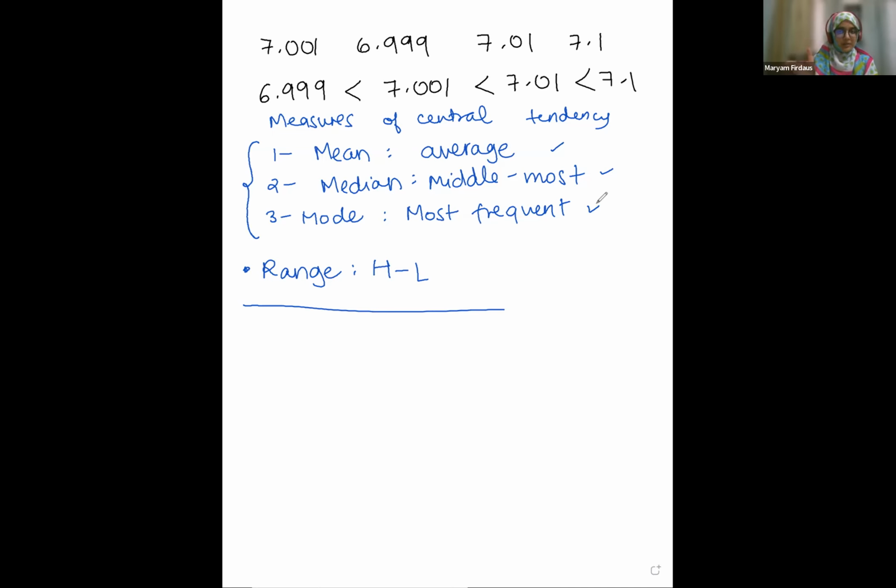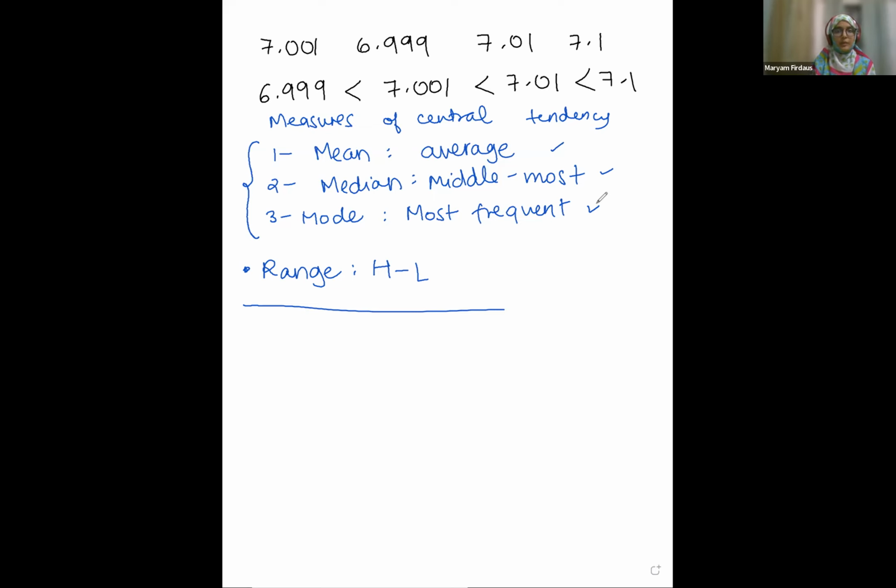The mean can be one of the numbers in a data. It can be, not necessarily, but the statement says the mean can be one of the numbers in a data. True or false? False. So does that mean the mean can never be one of the numbers in a data?